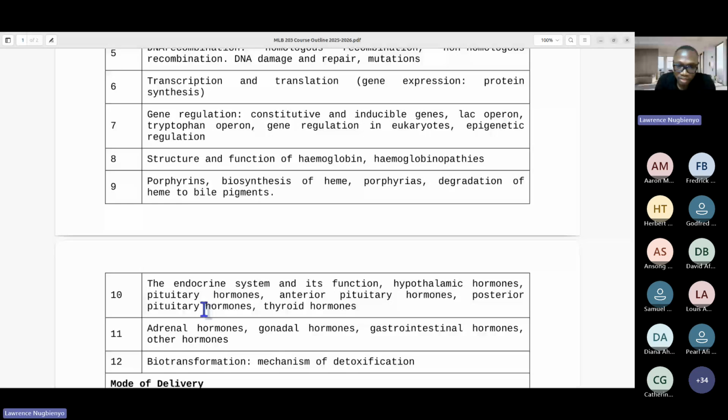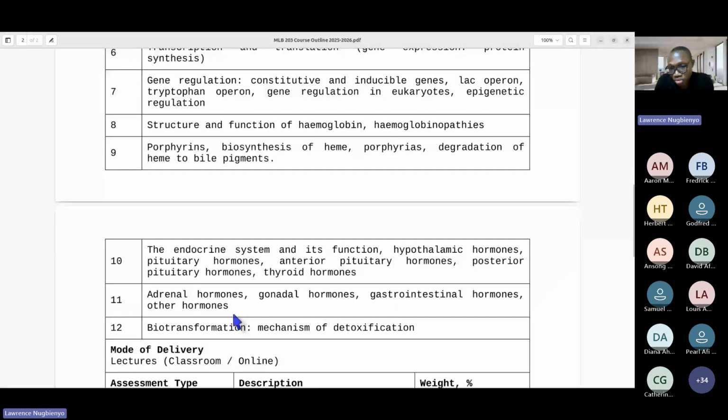So look at hormones, the different hormones we have, their activities in the body, how they modulate reactions in the body. Take a look at the different types of hormones, adrenal hormones, sex hormones, different kinds.